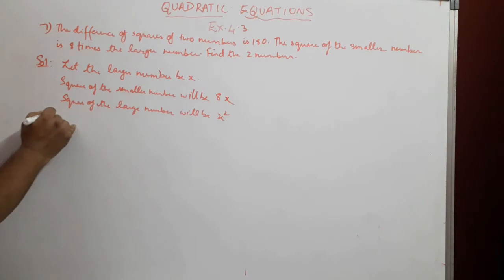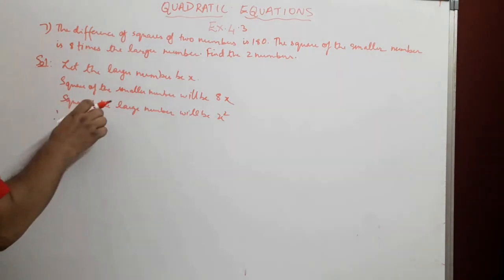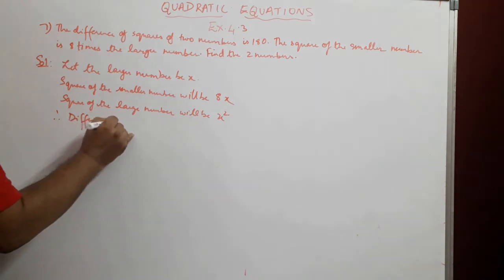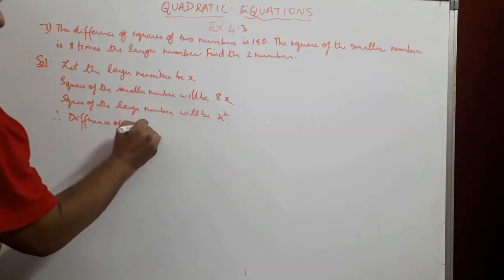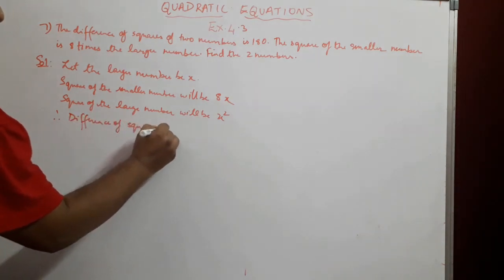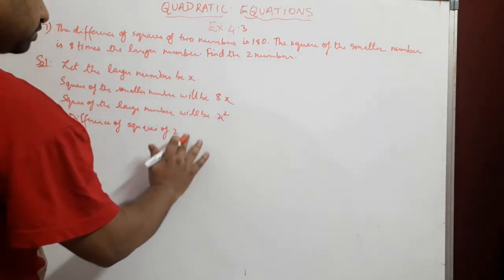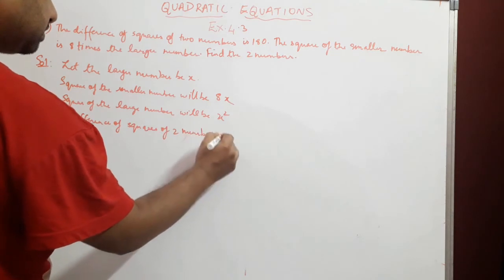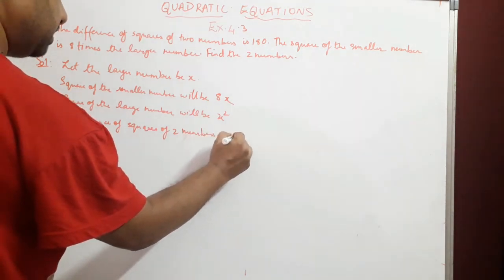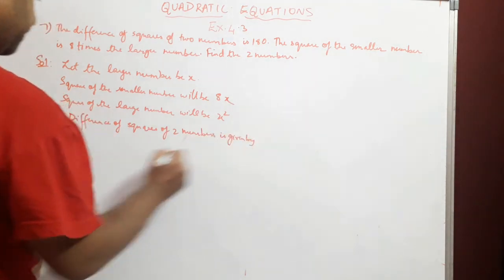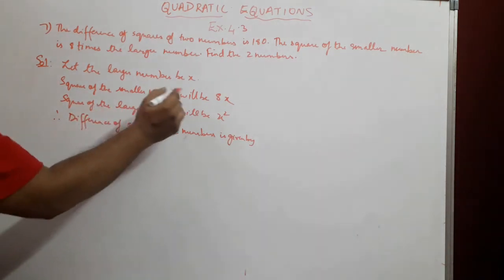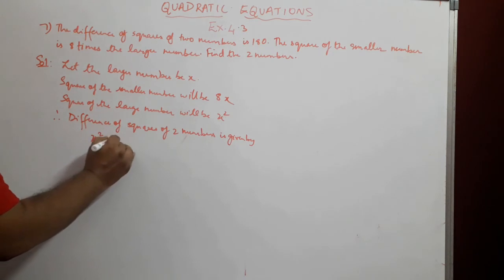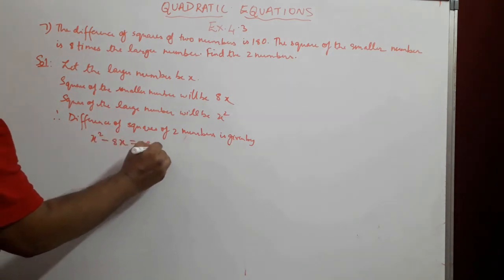So, we say the difference of squares of two numbers is given by x square minus 8x equal to 180.